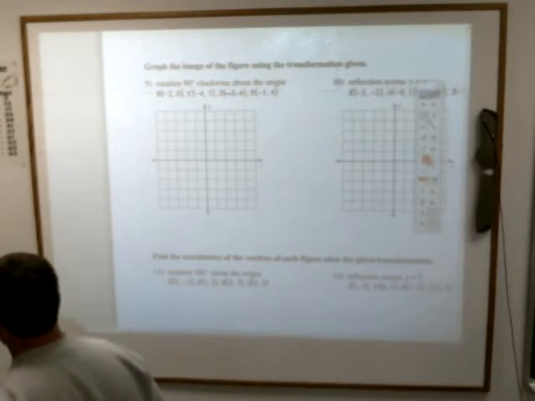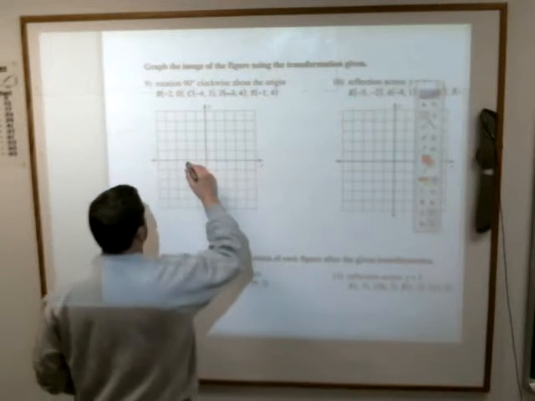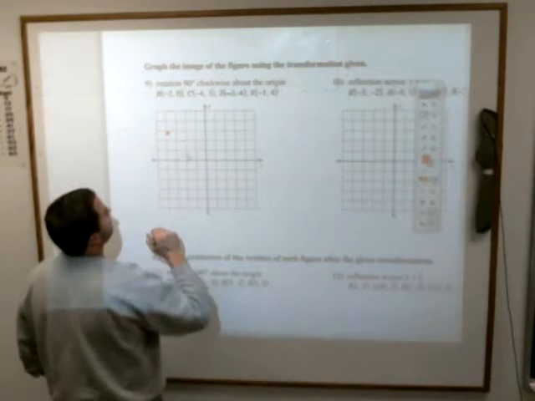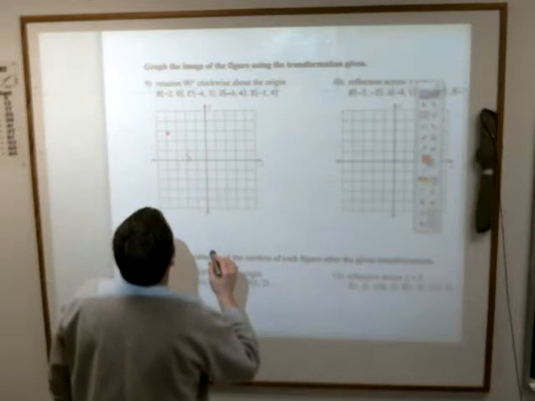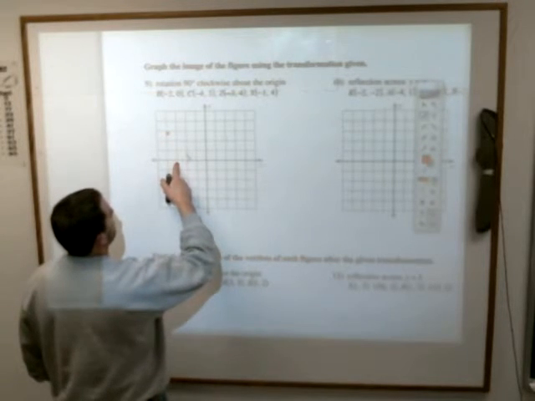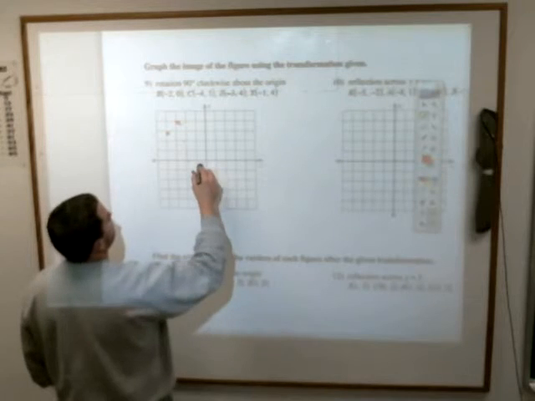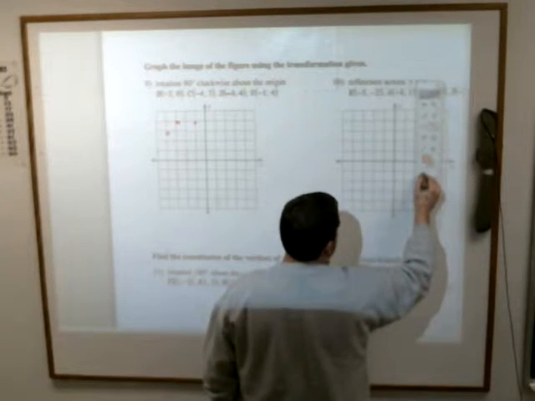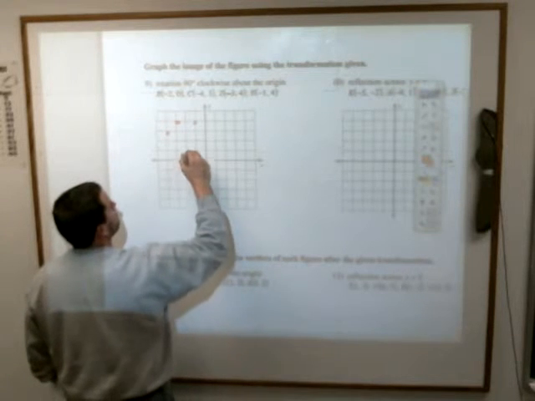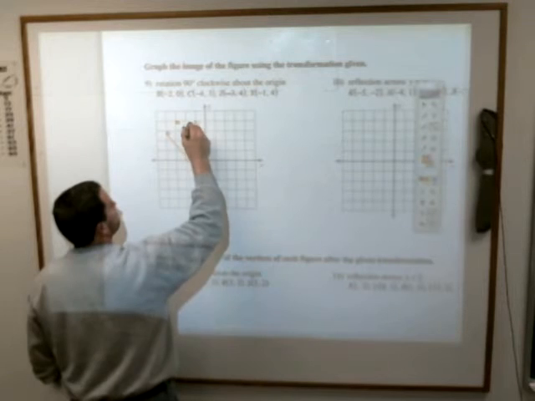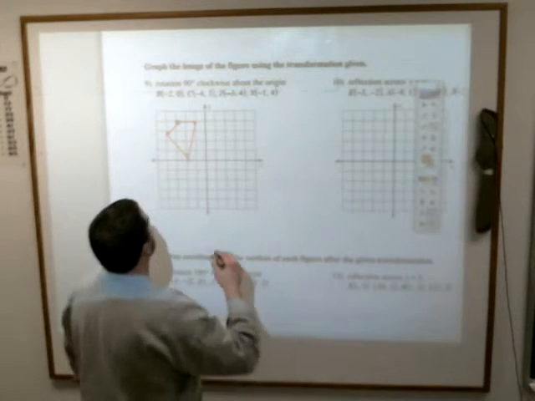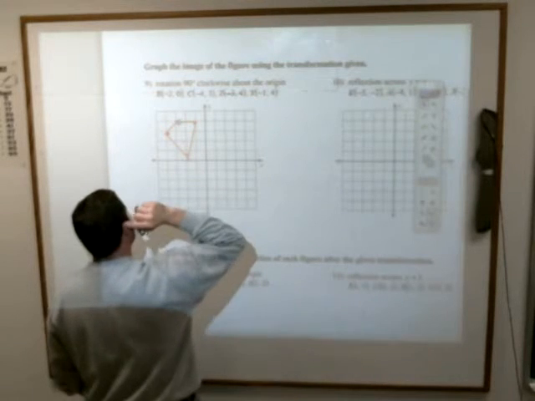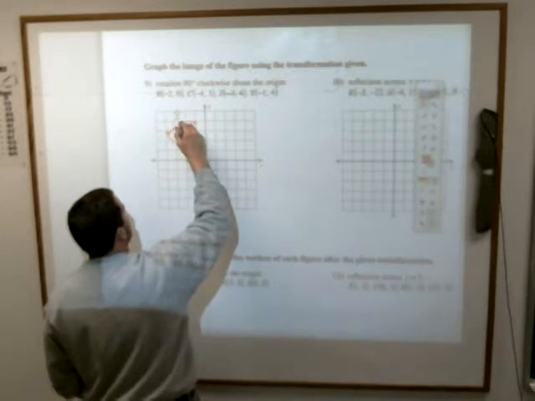Happy birthday. Here's some tattoo. Oh, that's good.